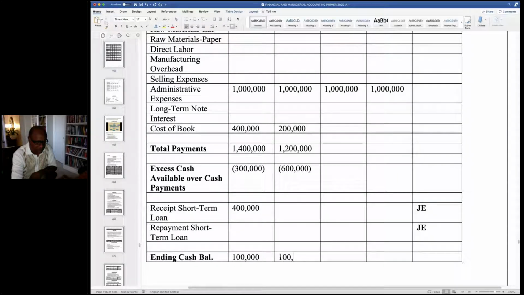So how much do we got to borrow? $500,000? 700,000. How much? 700. Yeah, 700 sounds like a better number.